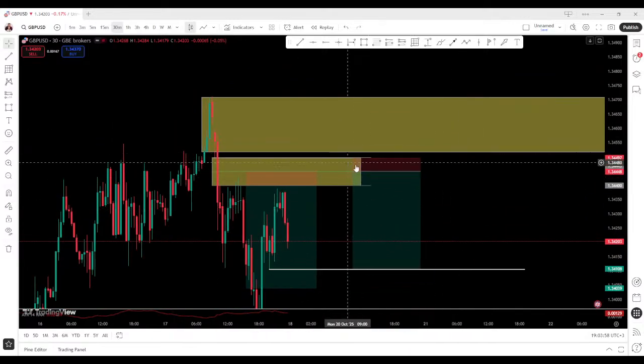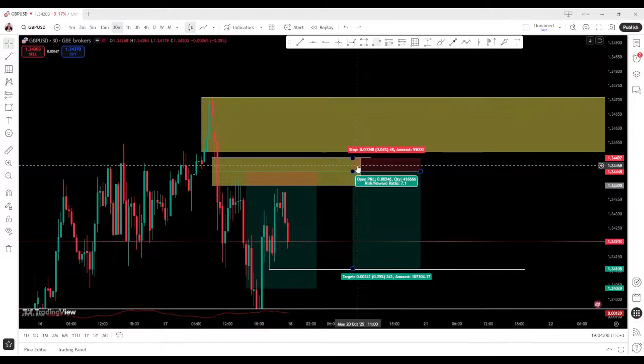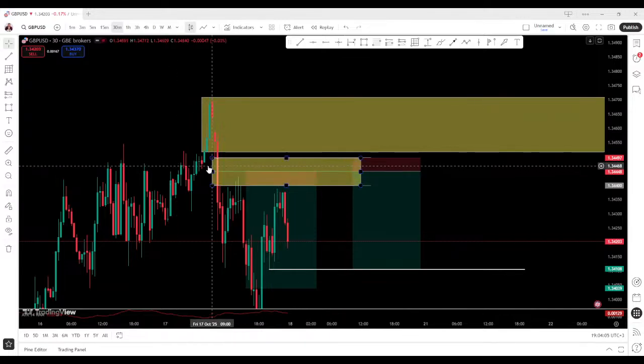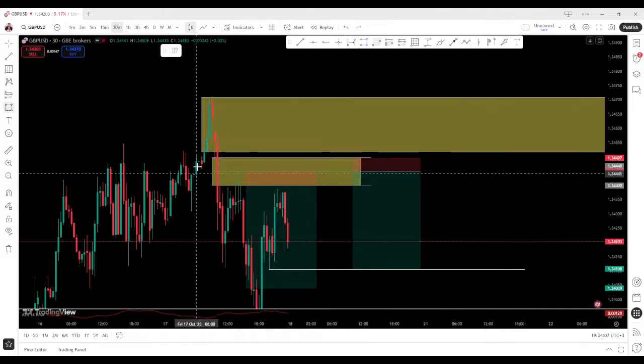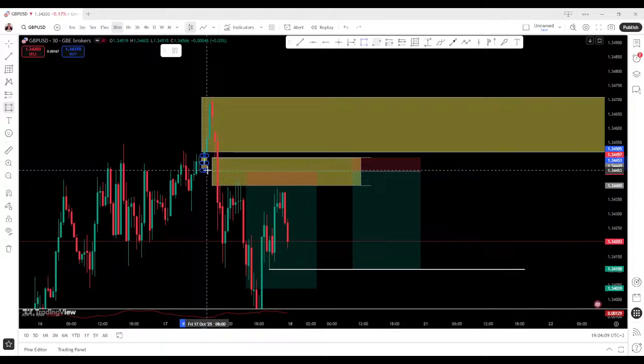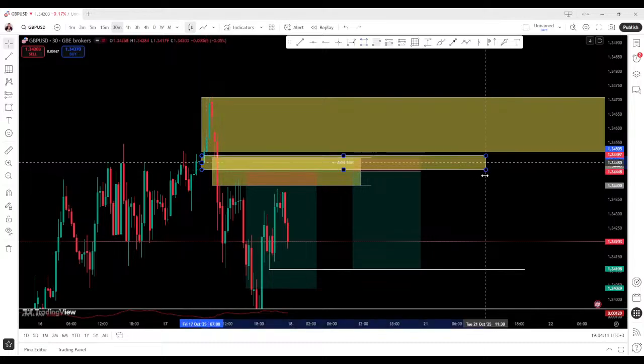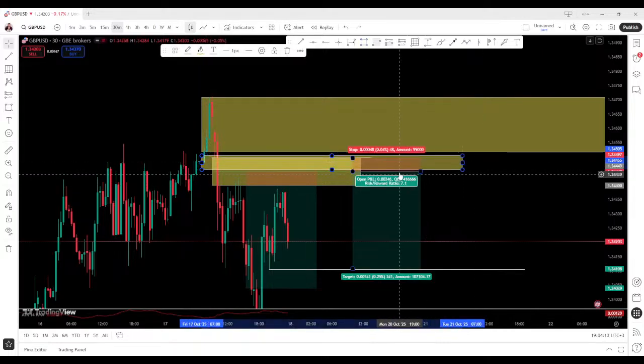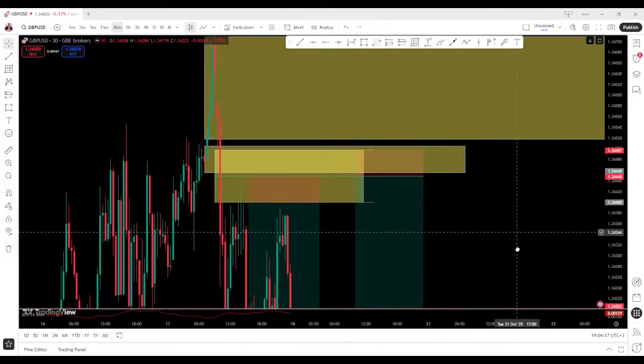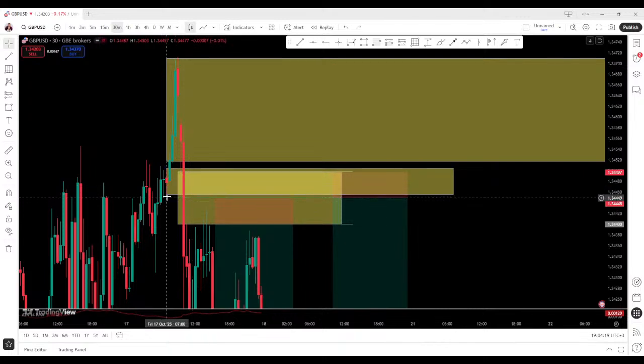And then you can even refine this to this breaker block here. You see there's a breaker block here. This one. And it is exactly where your 50% of the FVG is. So you can refine that even to here. And where do you refine it?